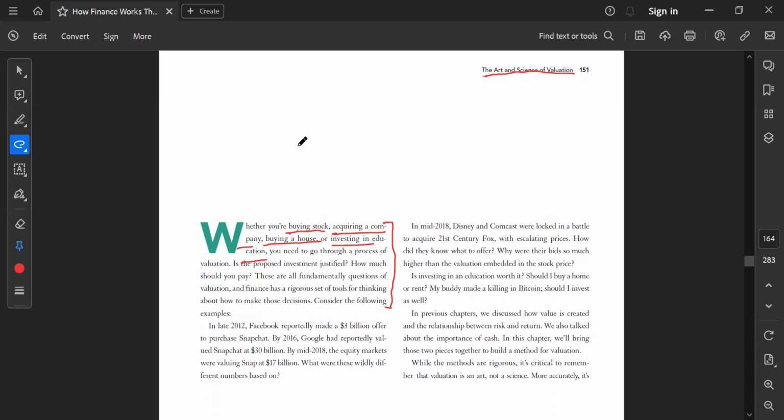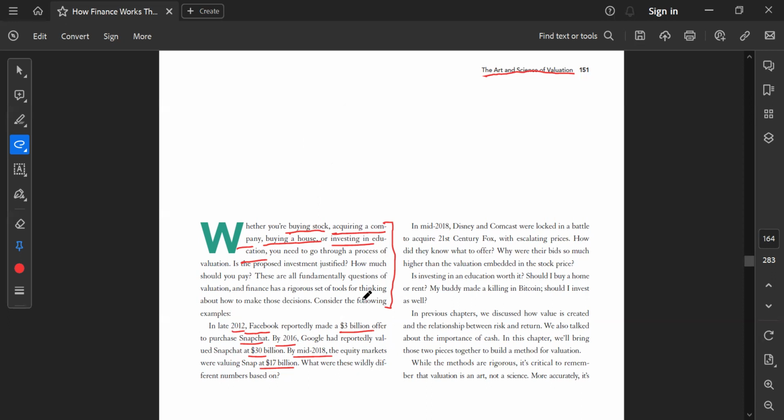impose a value. For example, here it says Facebook made a $3 billion offer to purchase Snapchat in 2012. By 2016, Google had reportedly valued Snapchat at $30 billion. By mid-2018, the equity markets were valuing Snapchat at $17 billion.